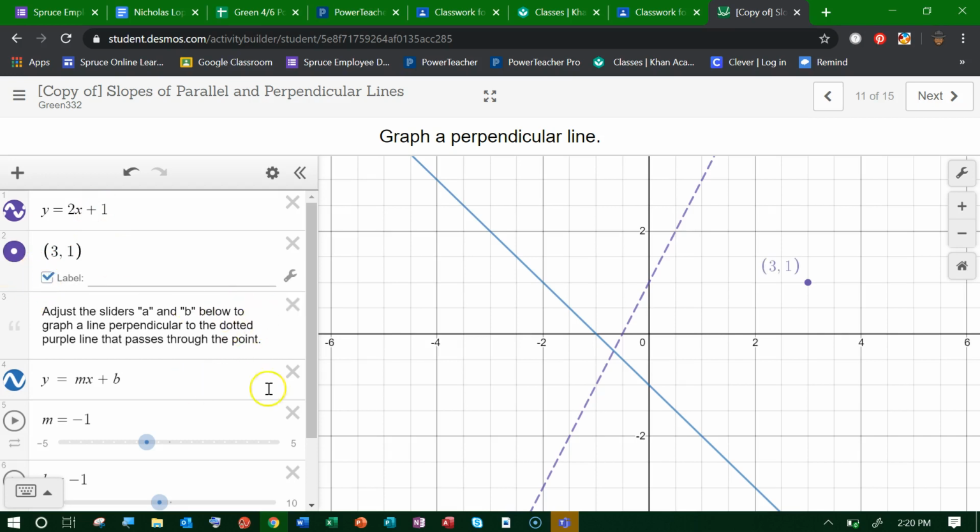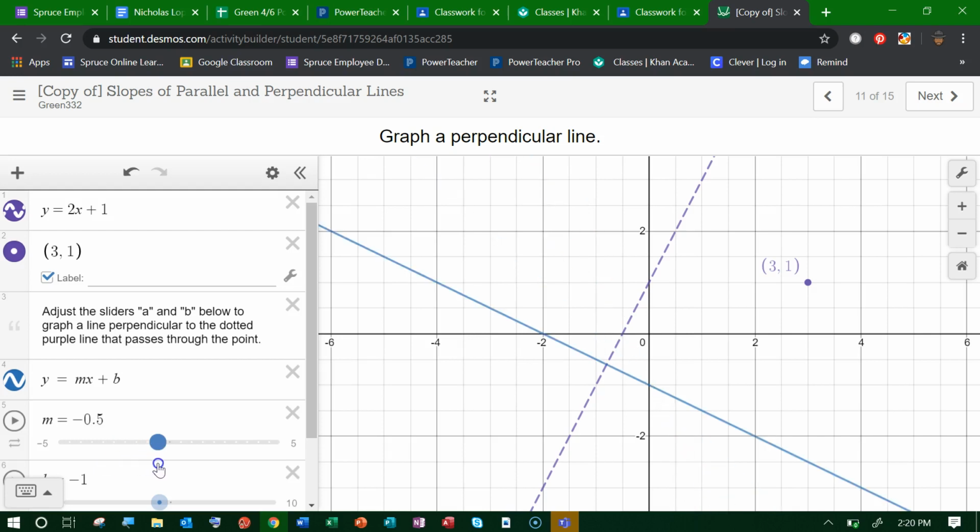I'm going to adjust my slider to the opposite reciprocal of 2, which is -1/2. So I need my m to be -1/2. This is where it gets kind of tough because I really need a negative. Oh, there it is. -1/2.